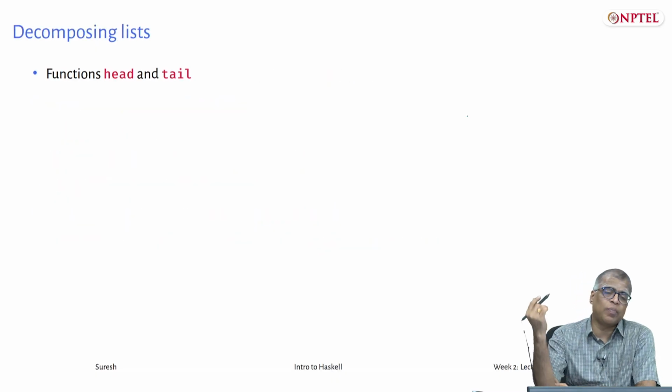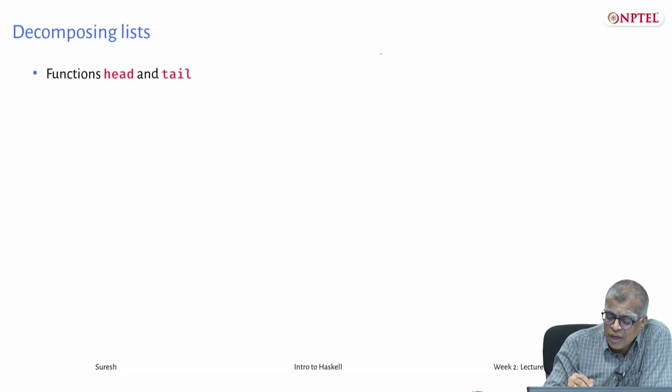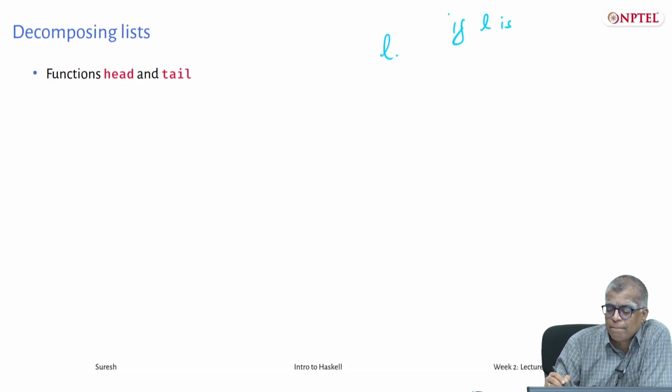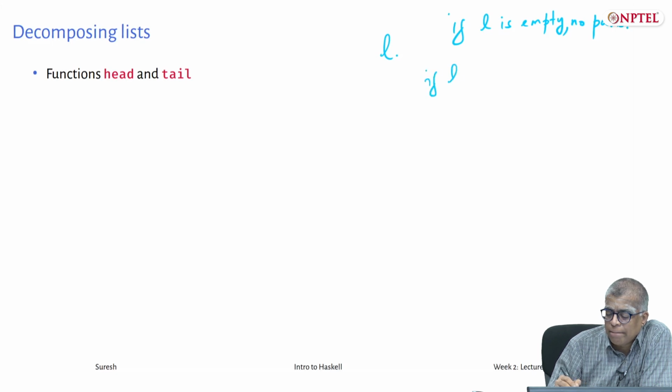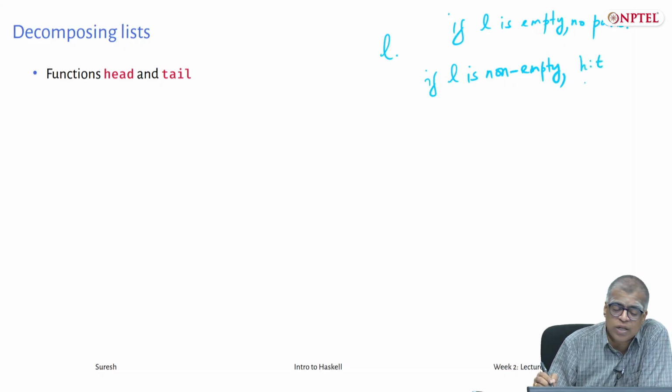Right, so how do you decompose lists? You are given a list L, how do you access its parts? If your list is empty, there are no parts. If the list is non-empty, then it has to be some head followed by a tail; typically it is called head and tail.